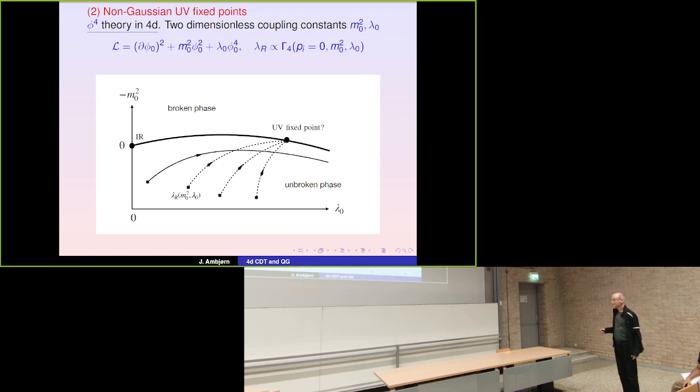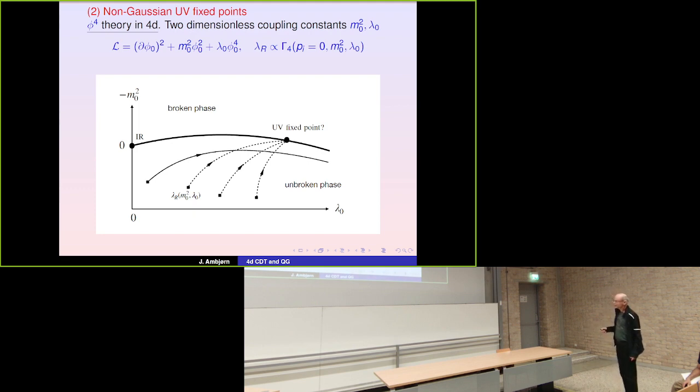So this is beautiful, except that what happens if you do the calculations is that you start out at one point here, and then you follow this path of constant renormalized coupling constant, but you never reach this point here. So the conclusion was that there is no ultraviolet fixed point. There's only this infrared fixed point.